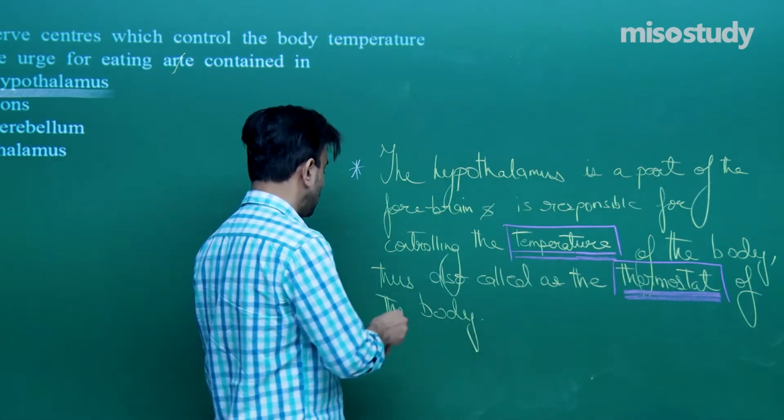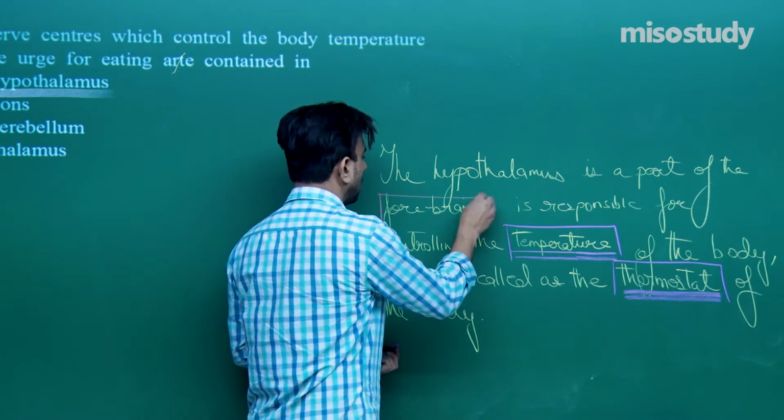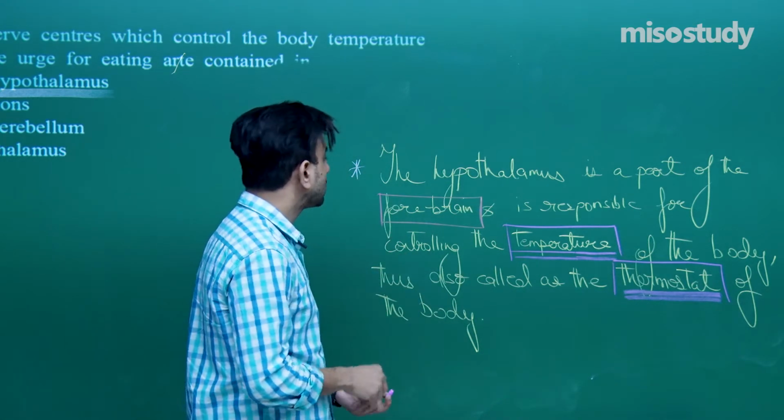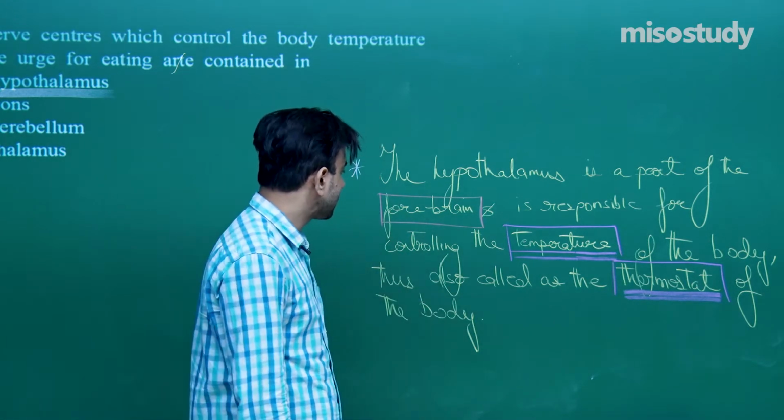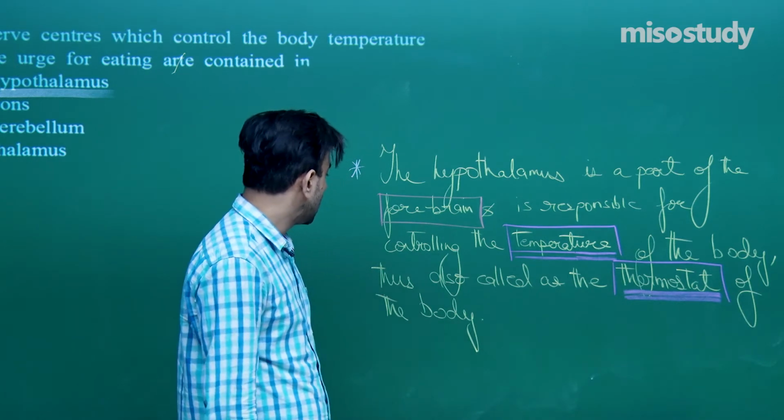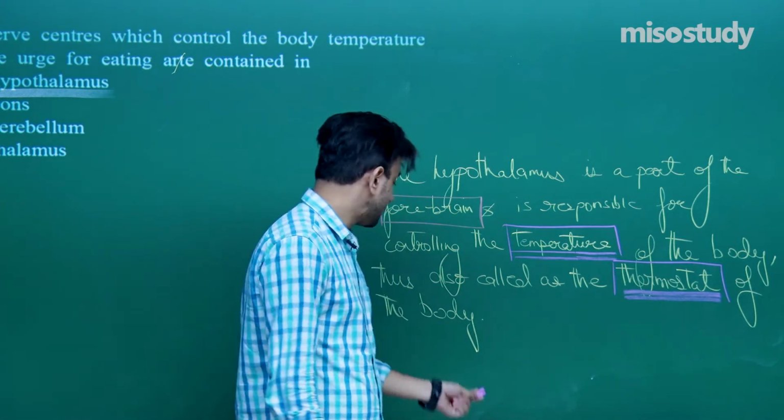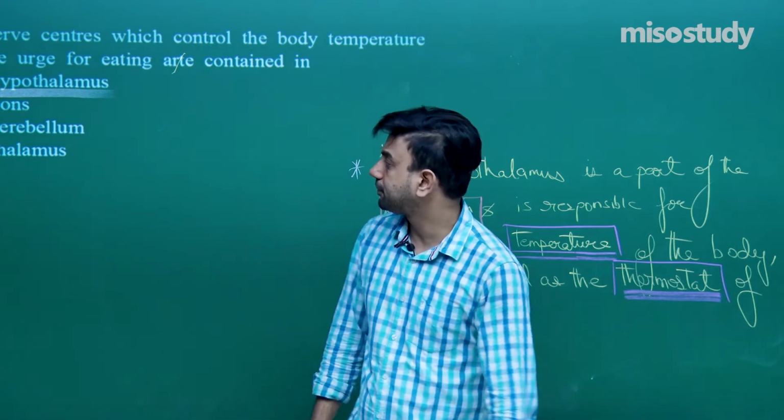So the hypothalamus is a part of the forebrain and is responsible for controlling the temperature of the body, and thus is also called the thermostat of the body.